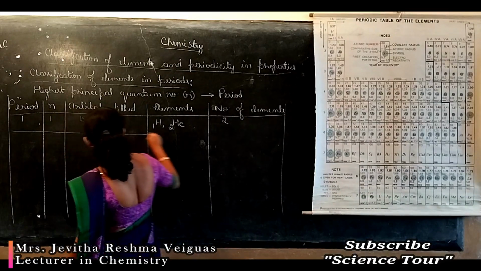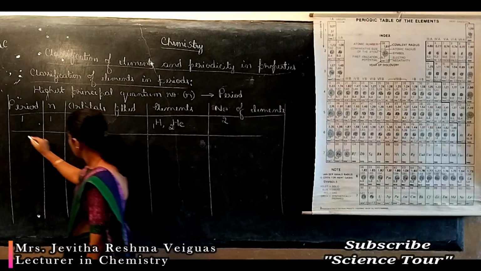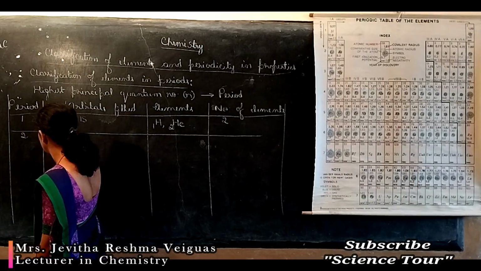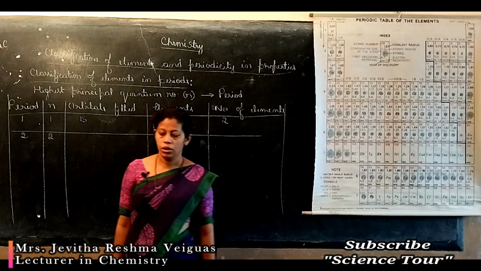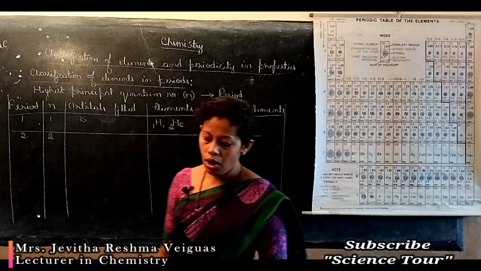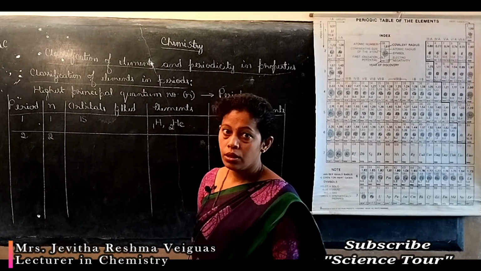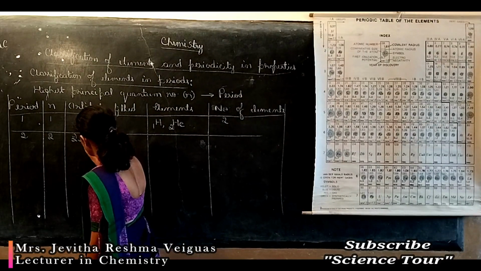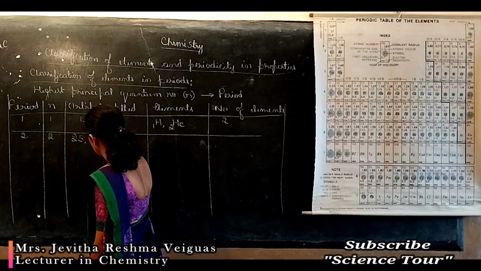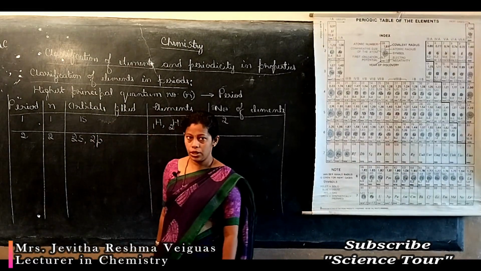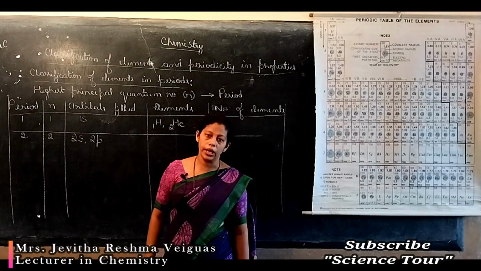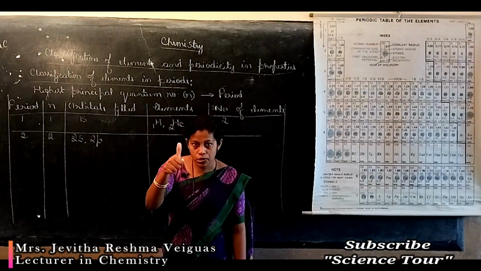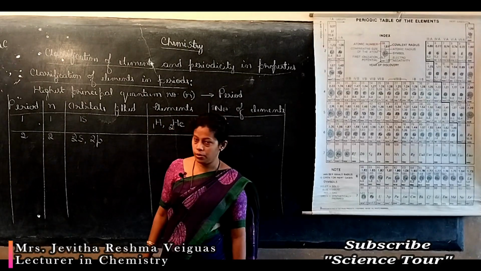Now next let us study about period 2. Period 2, for which the highest principal quantum number n value is 2. Here, which are the orbitals filled? The orbitals filled are 2s and 2p. In the 2s orbital, you can accommodate 2 electrons. 2p orbital means 2px, 2py, 2pz.